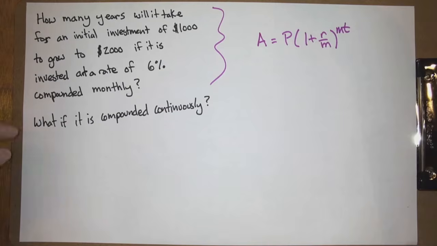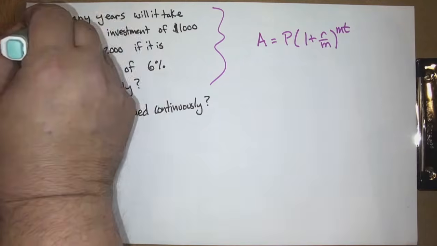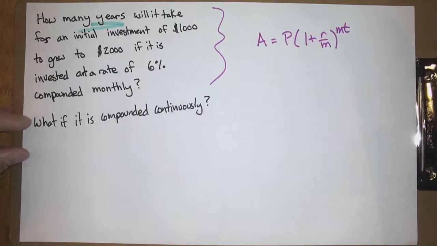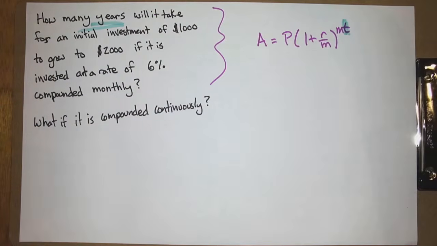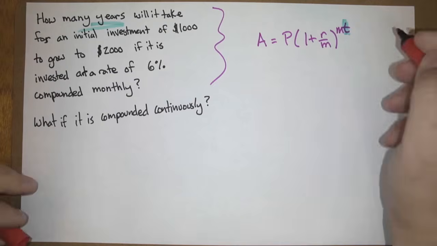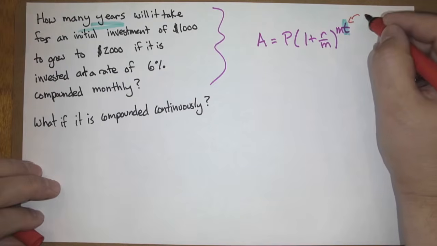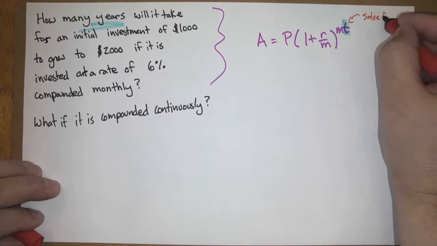T, because it's asking us to solve for years. That's a time measurement. Now, you might notice something about t. It's up in the exponent.